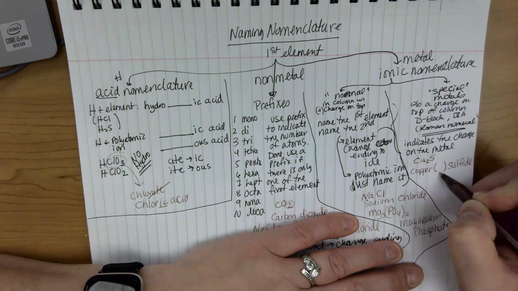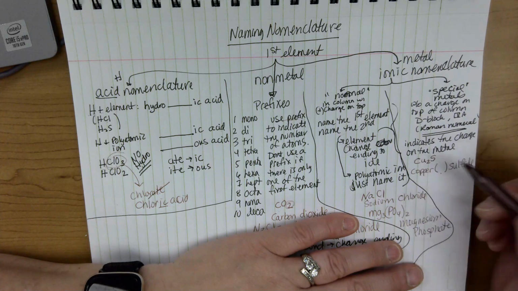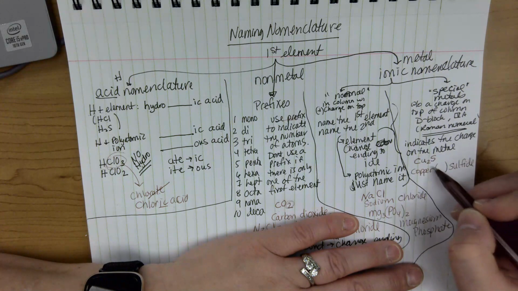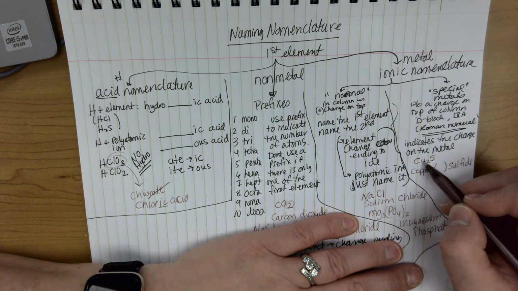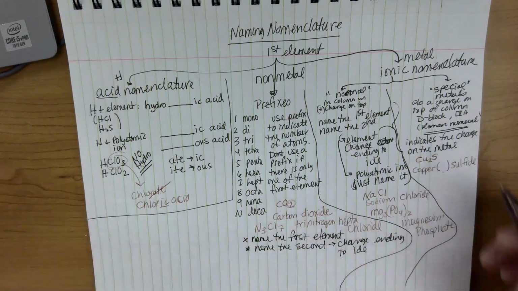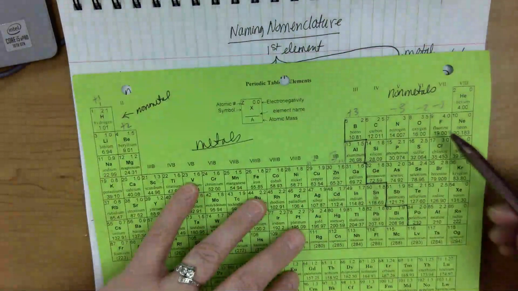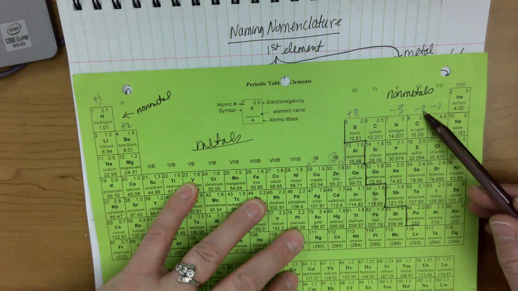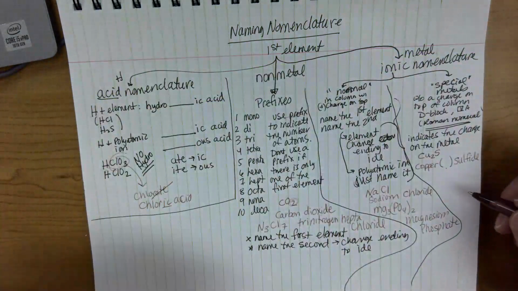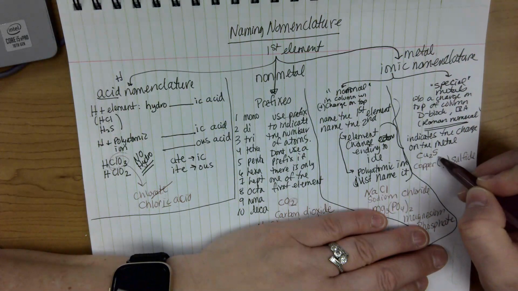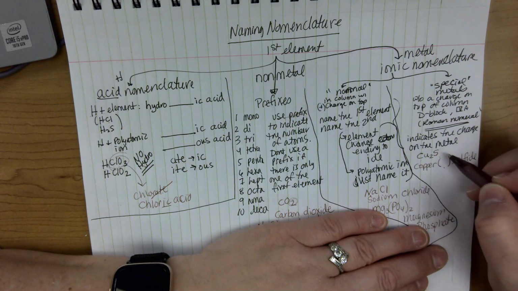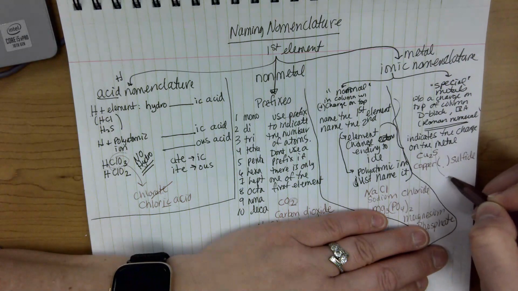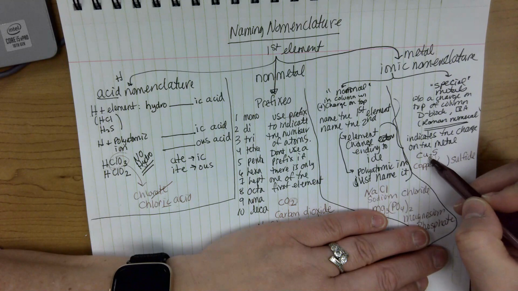Now I've got to figure out what is the Roman numeral. So the Roman numeral is the charge on the first one. This is sulfur, and if I go to the periodic table, I find that sulfur has a charge of -2. There's only one of them, but I have 2 coppers.